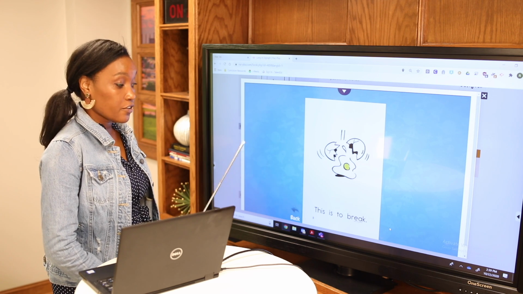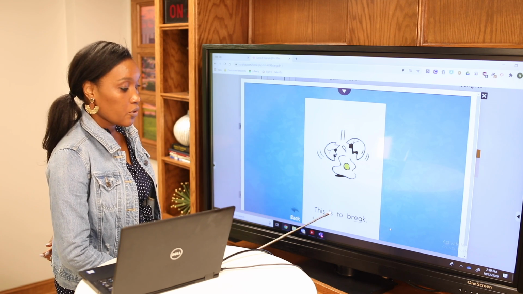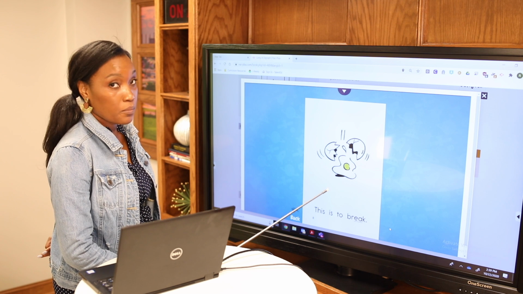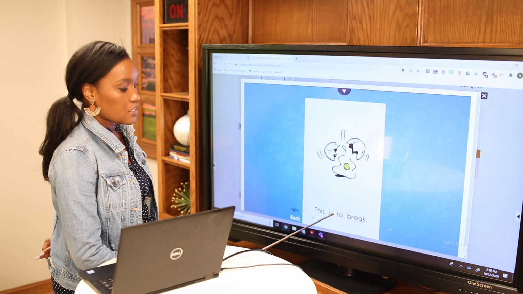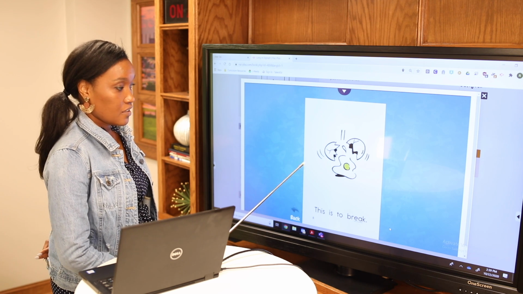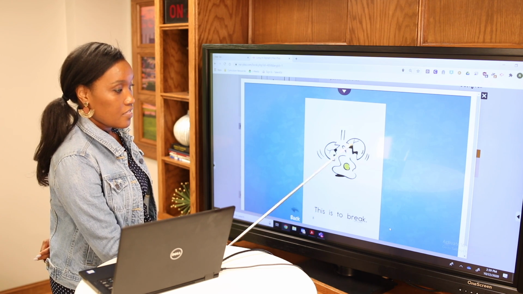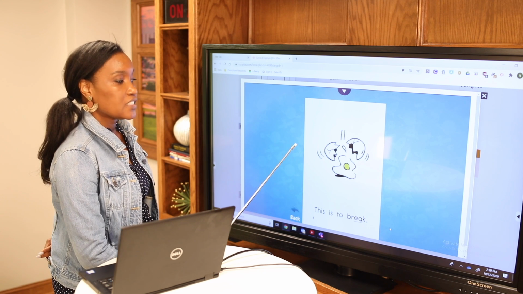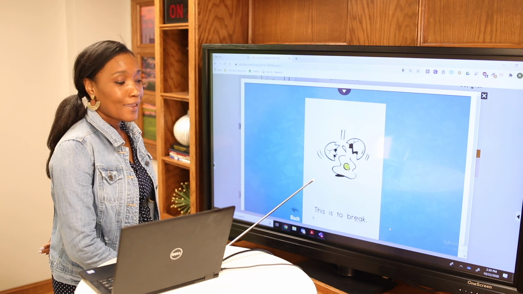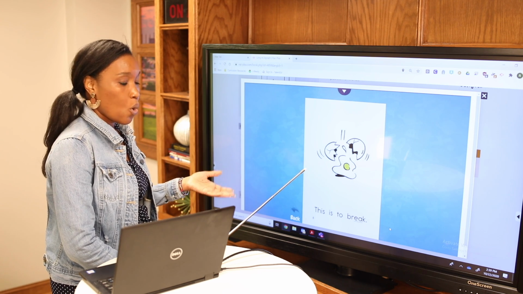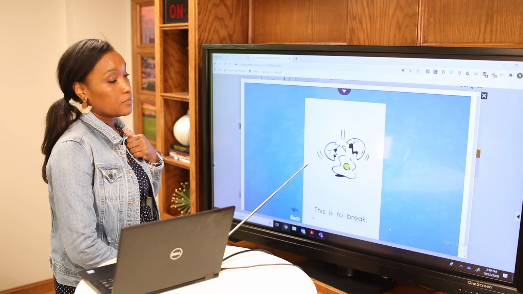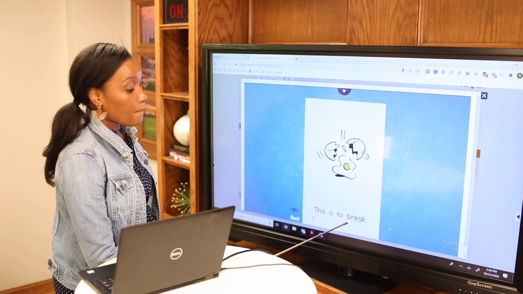And this is our final spelling for this particular part of our lesson. EA. This is to break. And they're just showing us what happens when an egg is cracked, if we are cooking, making something, or if we accidentally drop it, it will break.